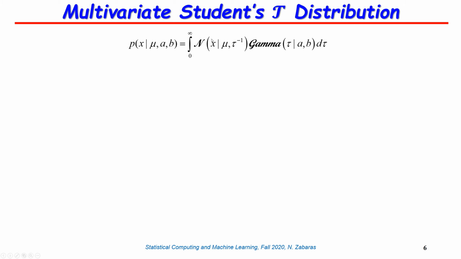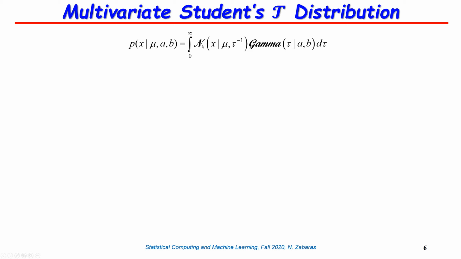So if you take all of these Gaussians for all of these taus sampled from this gamma distribution, and you marginalize tau out, so you sum over all possible taus, then the distribution that comes out of this is a Student t distribution.